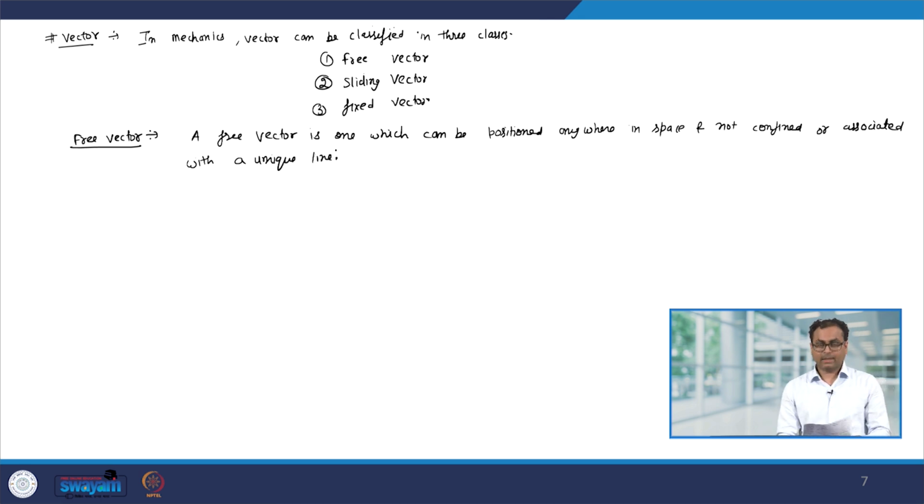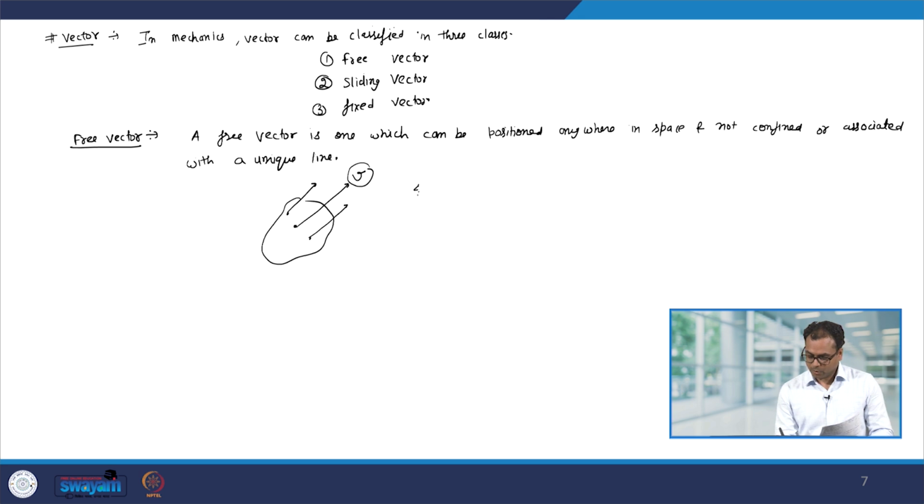What do we mean by that? Let us understand it with an example. Let us say I have a rigid body and this rigid body is moving without rotation, with velocity v. Now, this velocity v is in principle the velocity of this point, but by the same vector I can define the velocity of this point, and also the velocity of this point. It does not matter where you put this vector, because this body is moving without rotation.